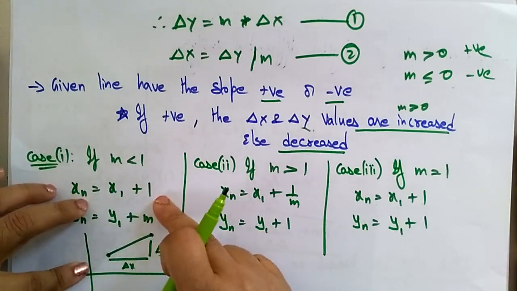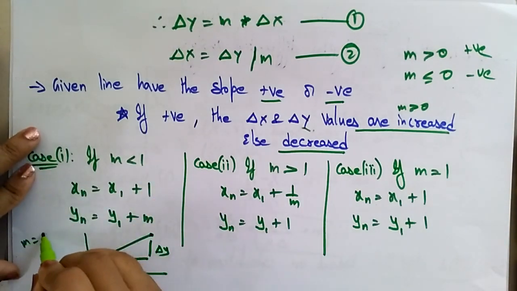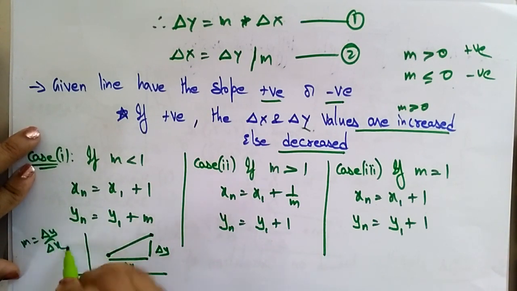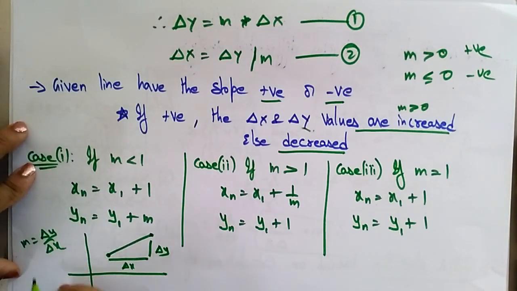So m less than 1 means m = delta y by delta x, difference in y by difference in x. Here the difference in y is less when compared to the difference in x.